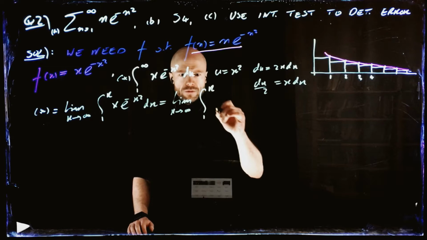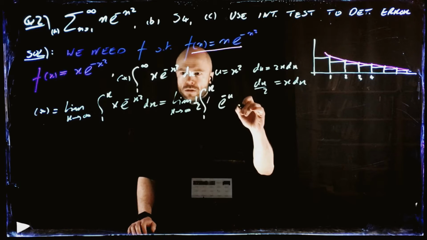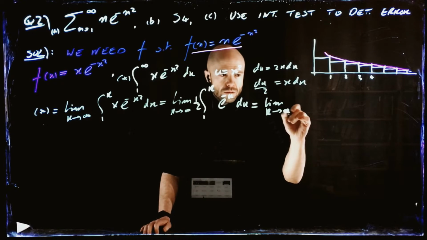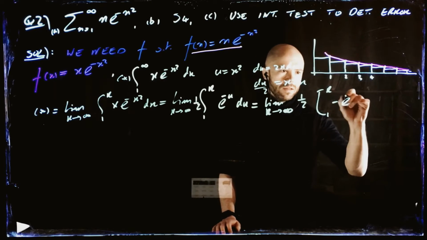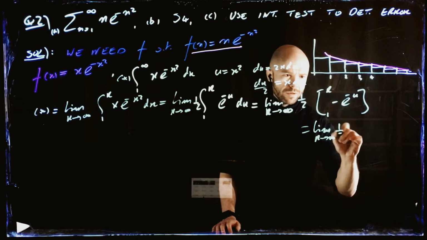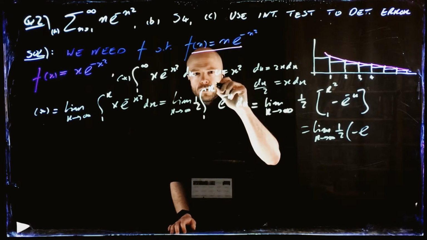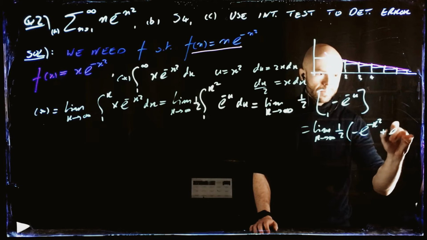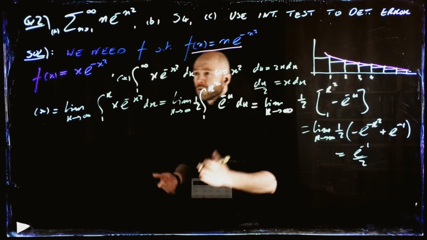And then we are going to have this 1 over 2 right here, and then it's e to the minus u du, and that's an easy thing to integrate. 1 over 2, from 1 to r, of minus e to the minus u, and that's the limit as r goes to infinity of 1 over 2 times minus e to the minus r squared minus, minus e to the minus 1. So it's equal to e to the minus 1 over 2, and therefore the integral converges.